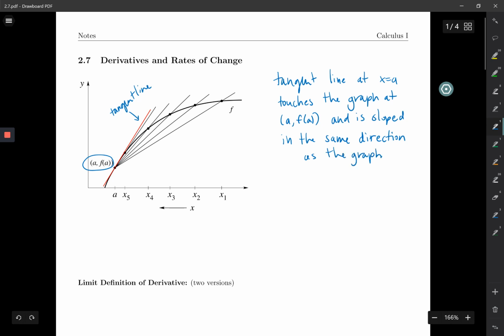Okay, so the issue with this, there's nothing wrong with this definition. It's just not very mathematically rigorous, right?